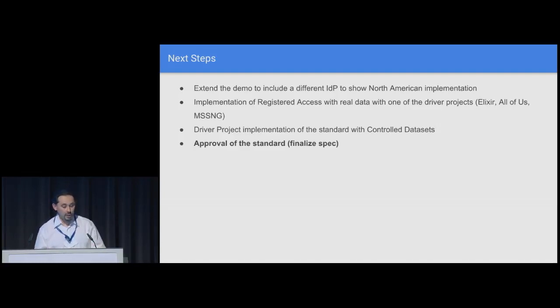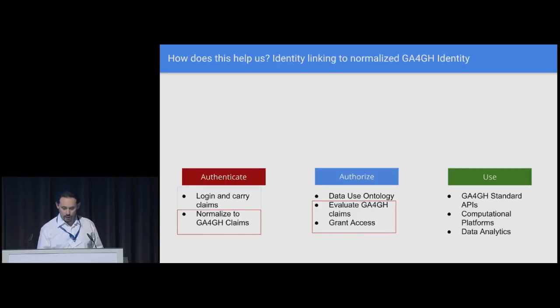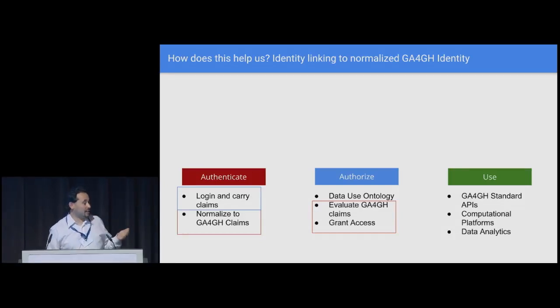We're going to work towards the approval of the standard and more real adoption by driver projects. And with that, I will hand it over to Mark to continue on this story, because I've shown you still a simple example of just using one identity provider, which is Elixir in this case, and Mark is going to make it more complicated.